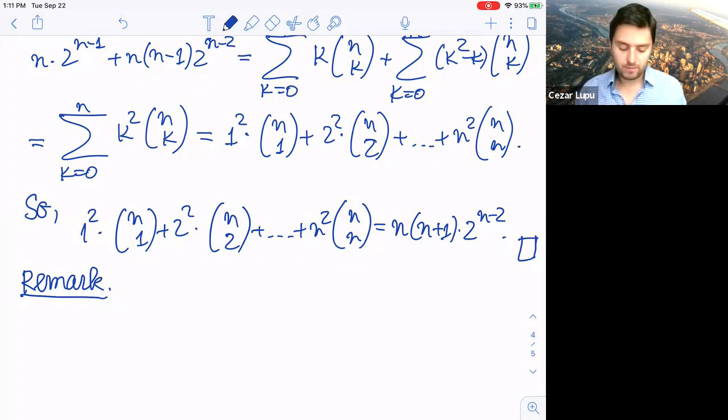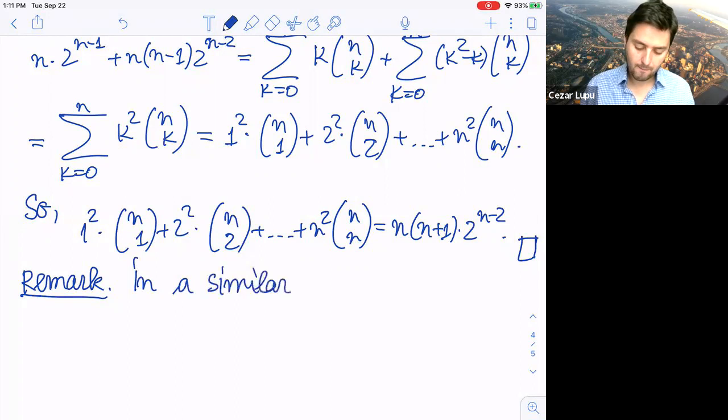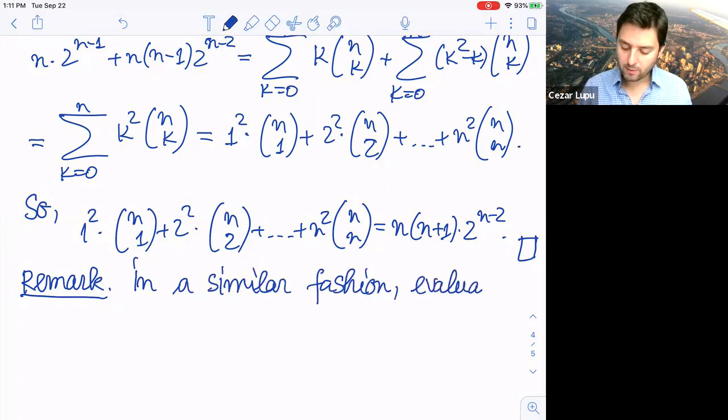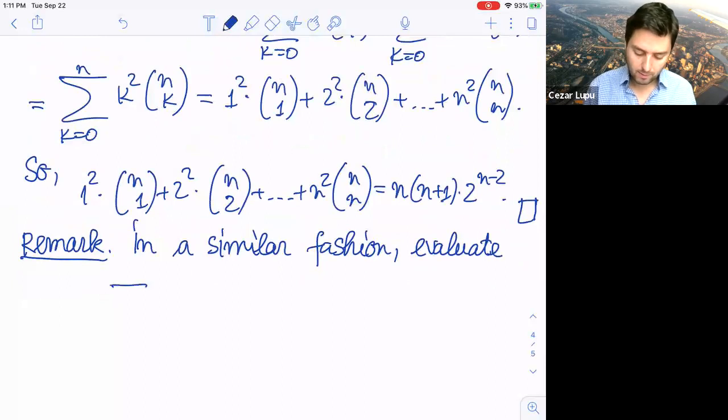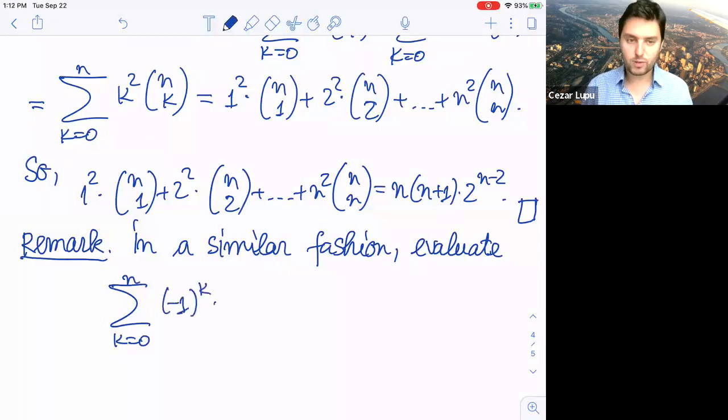For example, in a similar fashion, try to evaluate this sum here. So try to evaluate this sum. You can see a -1 to the power k, k to the n times 2n choose k.